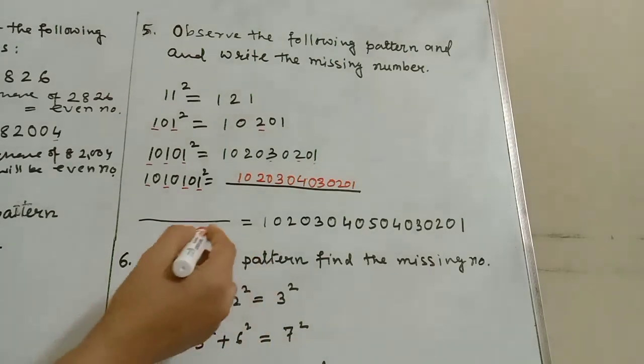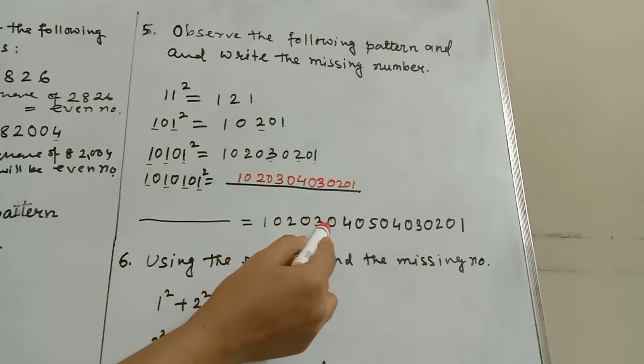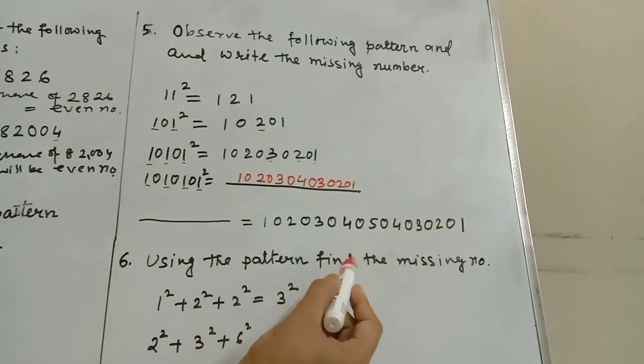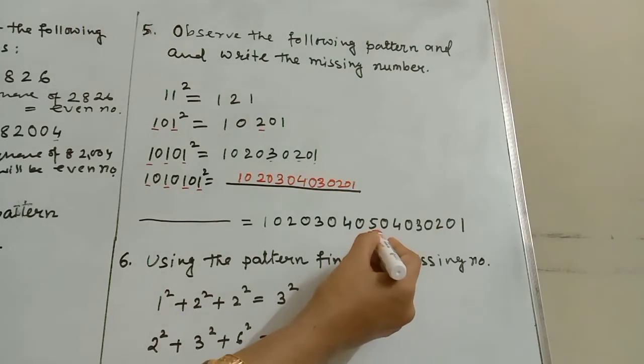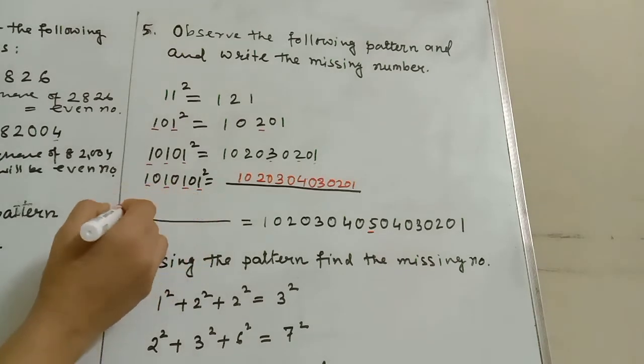Now come to this answer. The answer is 1, 0, 2, 0, 3, 0, 4, 0, 5, 0, 4, 0, 3, 0, 2, 0, 1. That means up to which number has it reached? 5. So how many 1s do you have to write here?